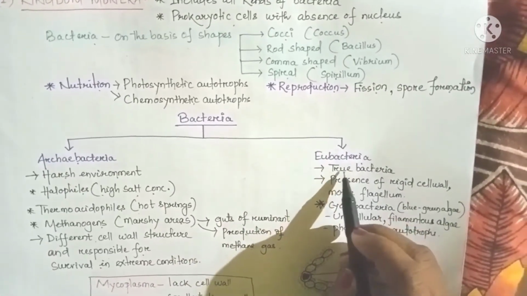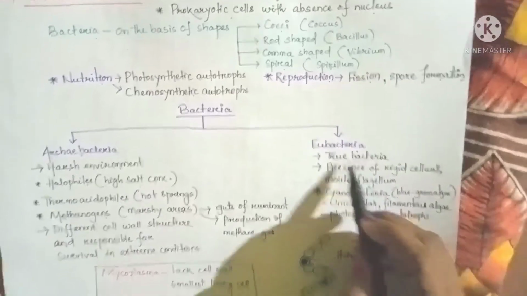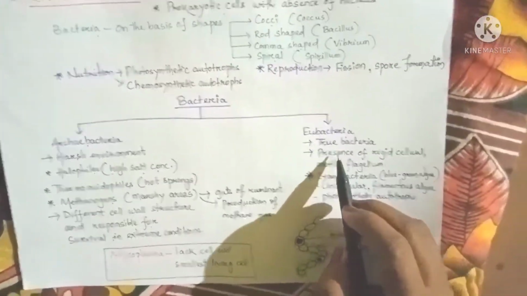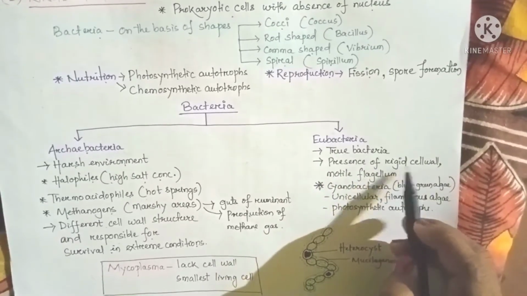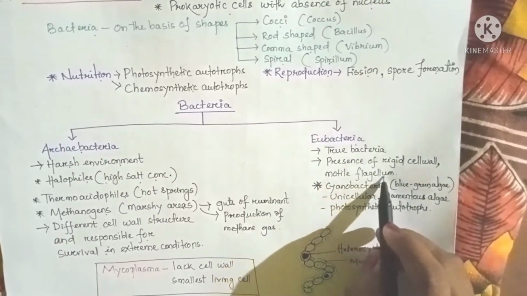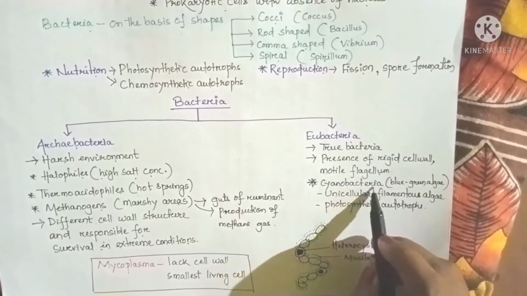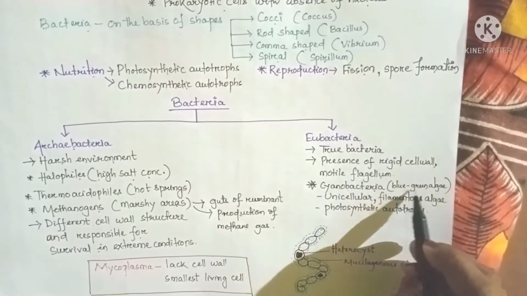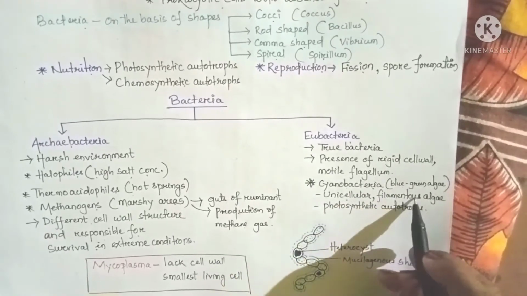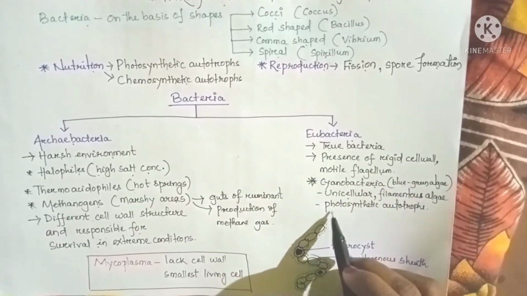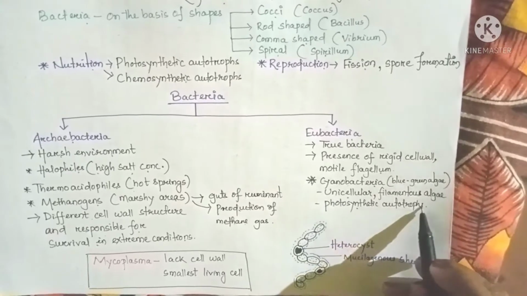Eubacteria. Eubacteria are also referred to as true bacteria. They have a rigid cell wall and motile flagellum. They include cyanobacteria, also called blue-green algae. It is a unicellular or filamentous alga. It is a photosynthetic autotroph.